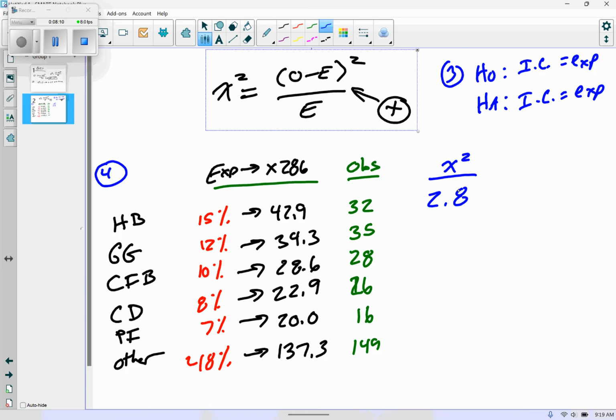34.3 minus 35. So 0.7 squared divided by 34.3. That comes out to 0.01. Then 0.6 squared divided by 28.6. Wait, that's one I already did.